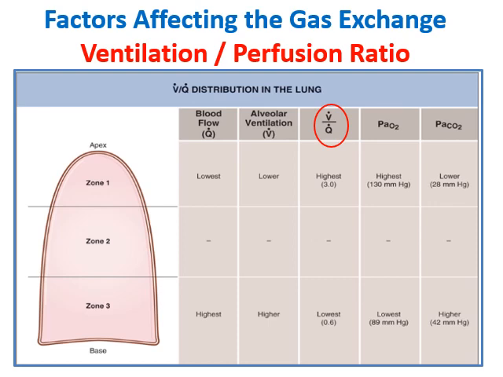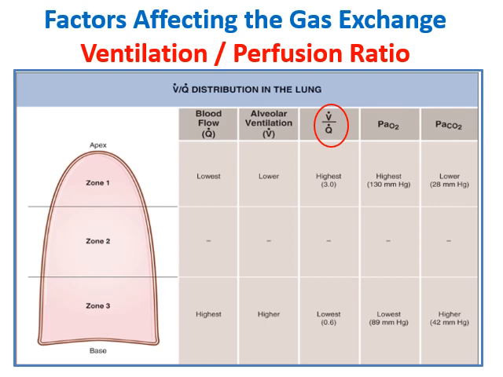In turn, if the ventilation-perfusion ratio is normal, then the partial pressure of oxygen in the arterial blood will be its normal value, which is 100 mm mercury. And the partial pressure of carbon dioxide in the arterial blood will be its normal value, which is 40 mm mercury.